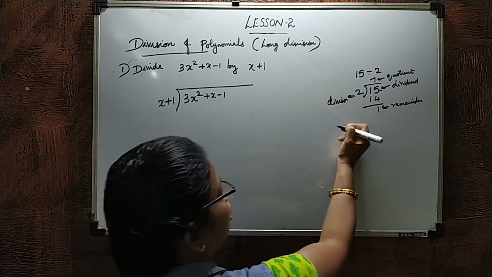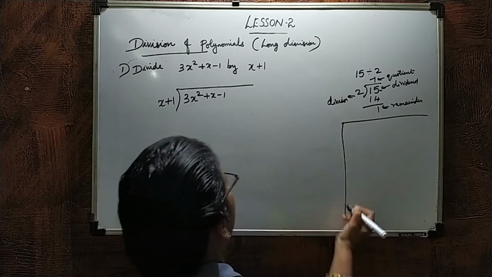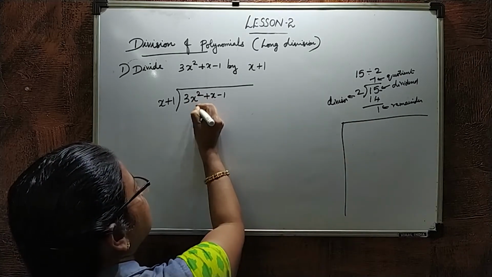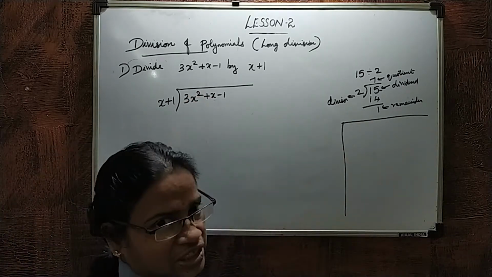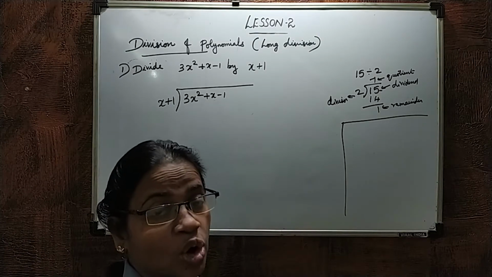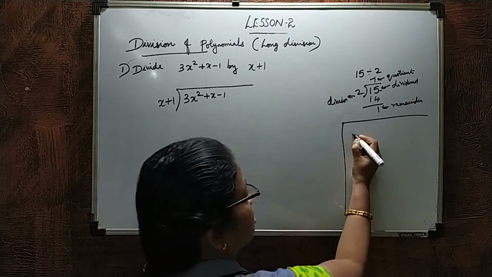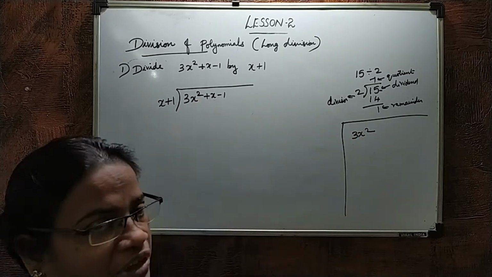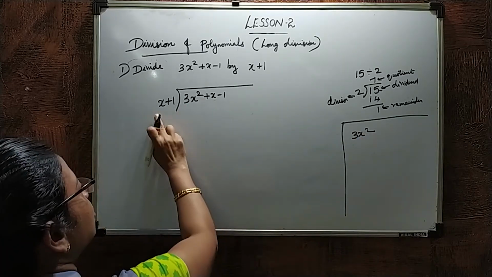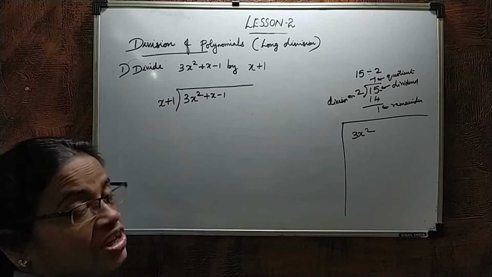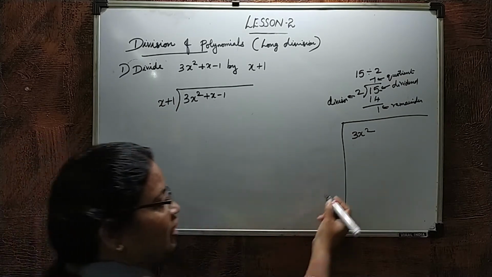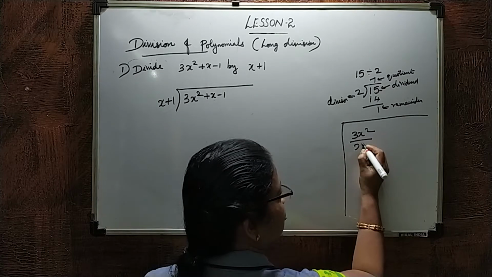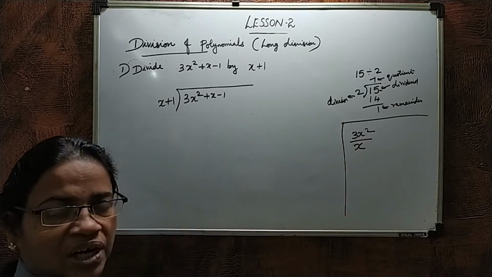First step: in your working column, you have to start. Take the first term of the dividend. This is the first term, 3x square. First term of the dividend divided by first term of the divisor. Clear?